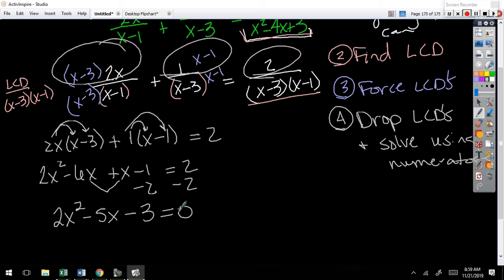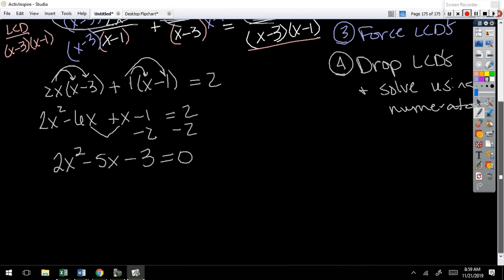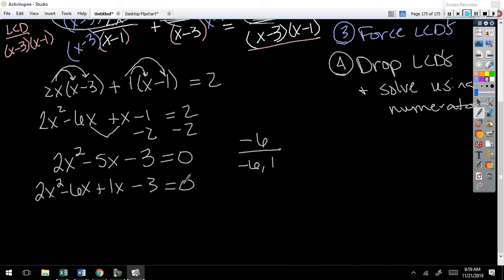Yes. What multiplies to, and I am going to have to group this one. Does everybody see why? There's a leading coefficient, right? All right, so tell me what multiplies to negative 6 but adds to what? Negative 5. Negative 6 and 1. So I have 2x squared minus 6x plus 1x minus 3.